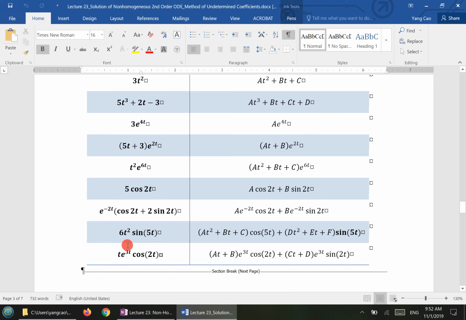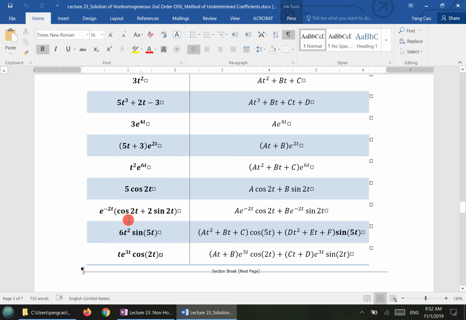Like this one here, t squared sine pi t. So you have the format from the previous table times the cosine, another format times the sine. So you have to modify this, and we call it the sum rule. So that's this table here. This is for much more complicated situations.